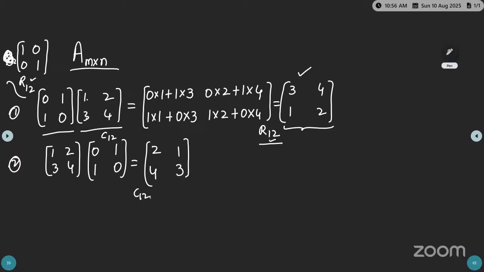Say yes or no. Right. The same transformation. Clear? That's about the properties or results based on the elementary matrix. So we now know about equal, equivalent, and elementary matrices.